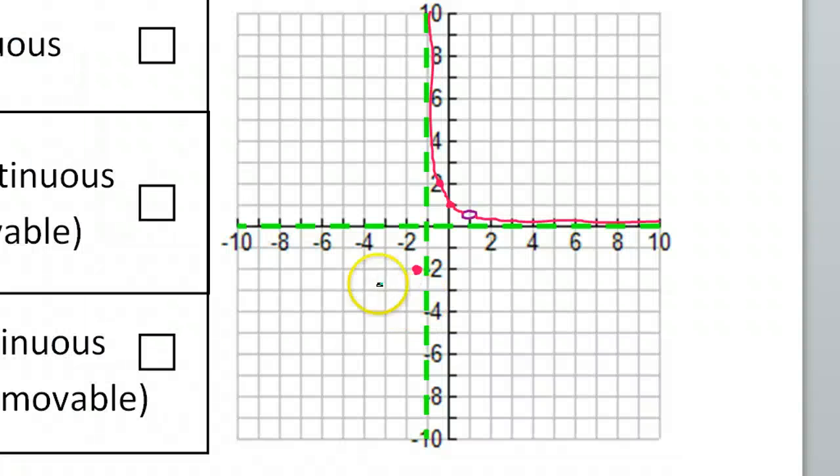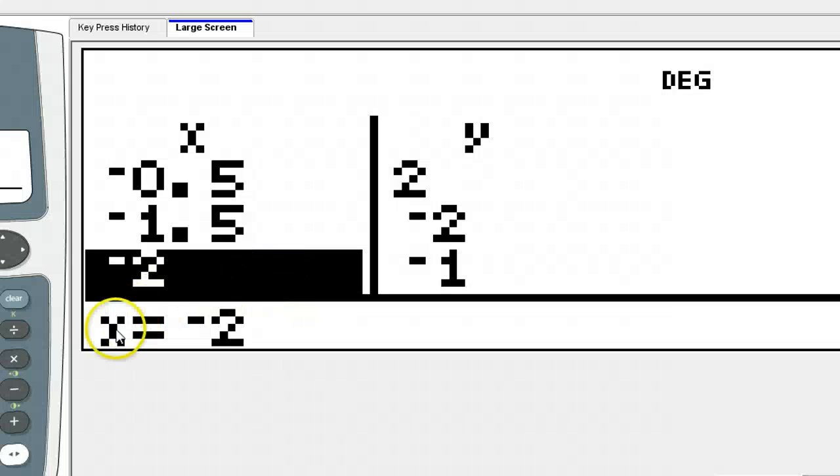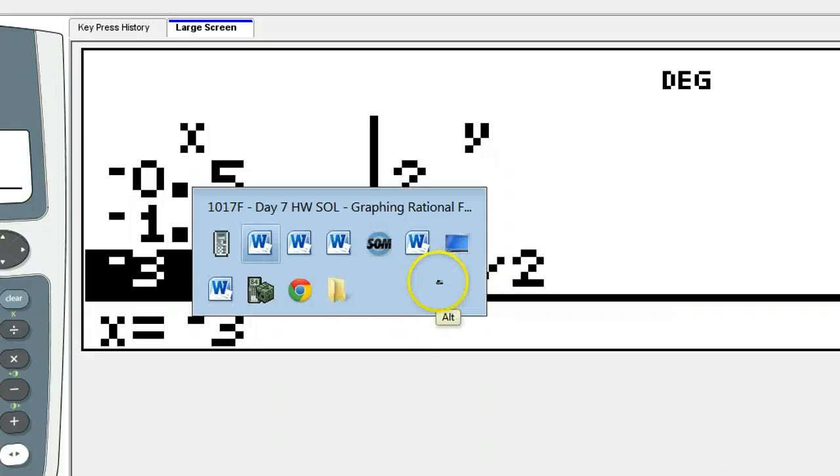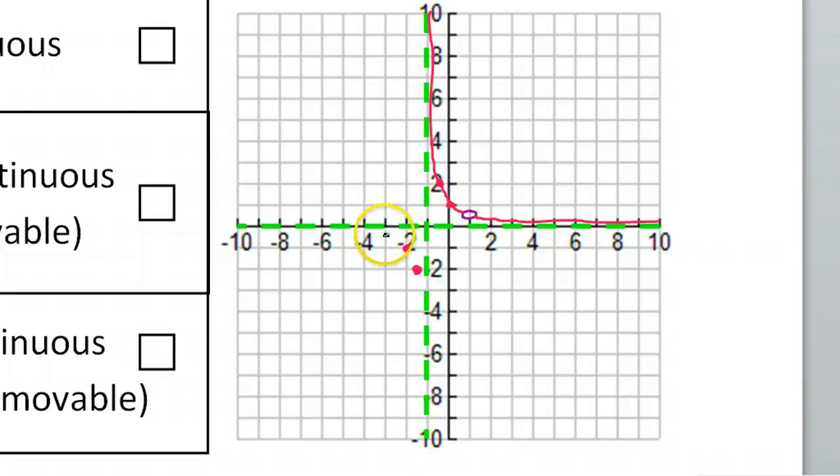Okay, that's at negative 1. So at negative 2, we're at negative 1. All right, one more. How about negative 3? Okay, that's negative 1/2. So at negative 3, I'm down halfway. All right, and that's plenty enough to show me what's going on here.